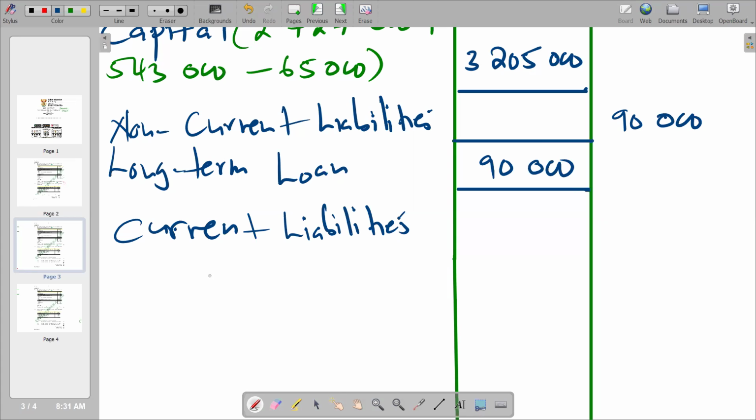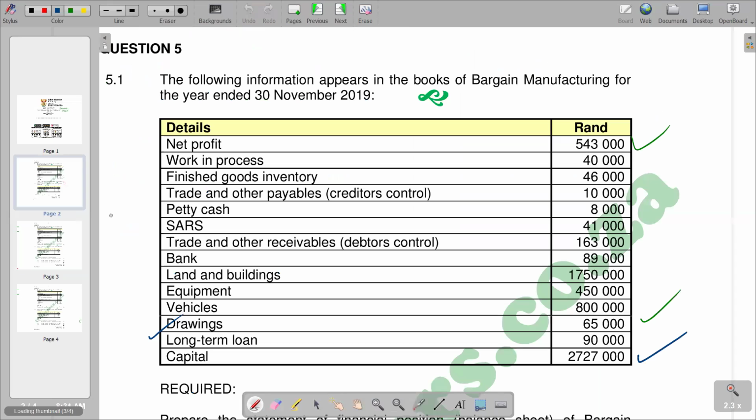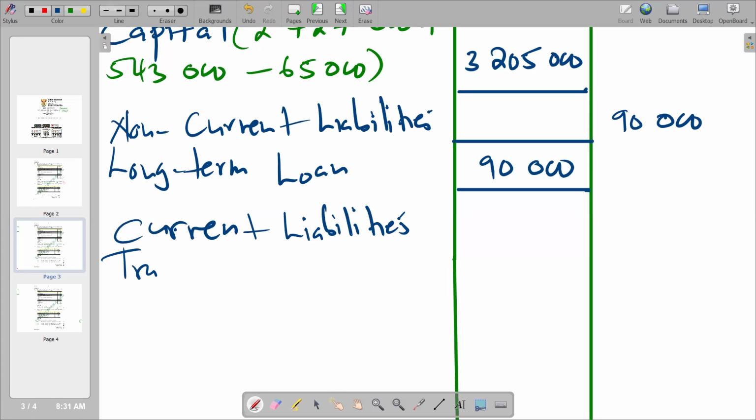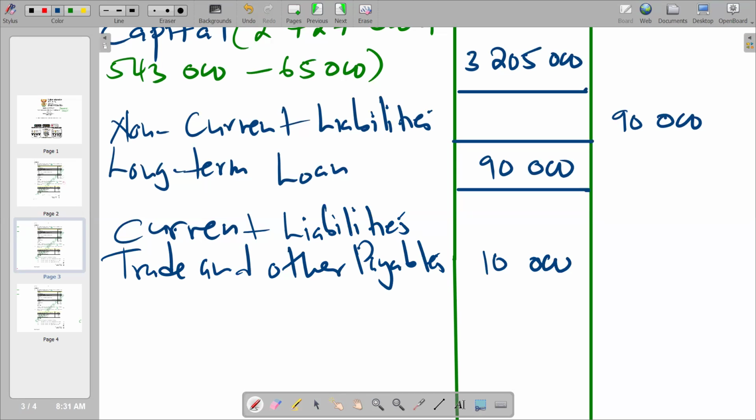For current liabilities, we look for items like trade and other payables, which are part of our current liabilities. So we go back and see that we've got trade and other payables, which is 10,000.